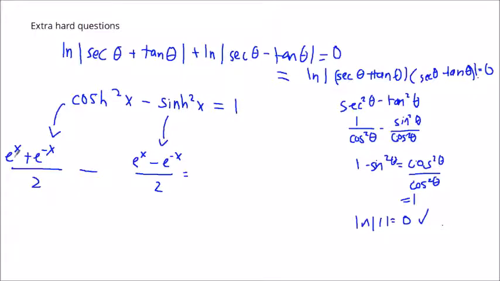So we have e to the x minus e to the x. That just goes to 0. E to the minus x minus e to the minus x, that's e to the minus 2x over 2 is equal to 1. That's what we're going to have to prove right here. E to the minus 2x over 2 is equal to 1, and I honestly don't know how to prove it.